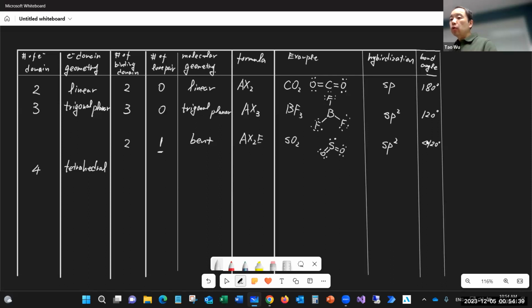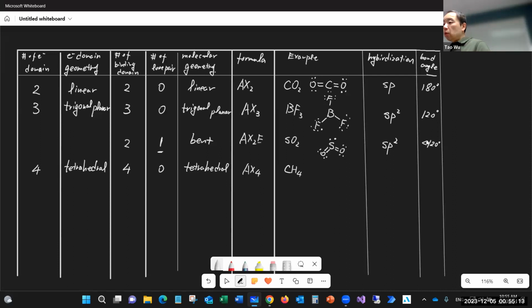But in this 4 electron domain, if we have 4 bonding domains, no lone pairs, then generally the molecule will be exactly shaped like the electron domain geometry, which is also a tetrahedron. So the formula will be just AX4, because this has 4 side atoms. One example is methane, CH4.